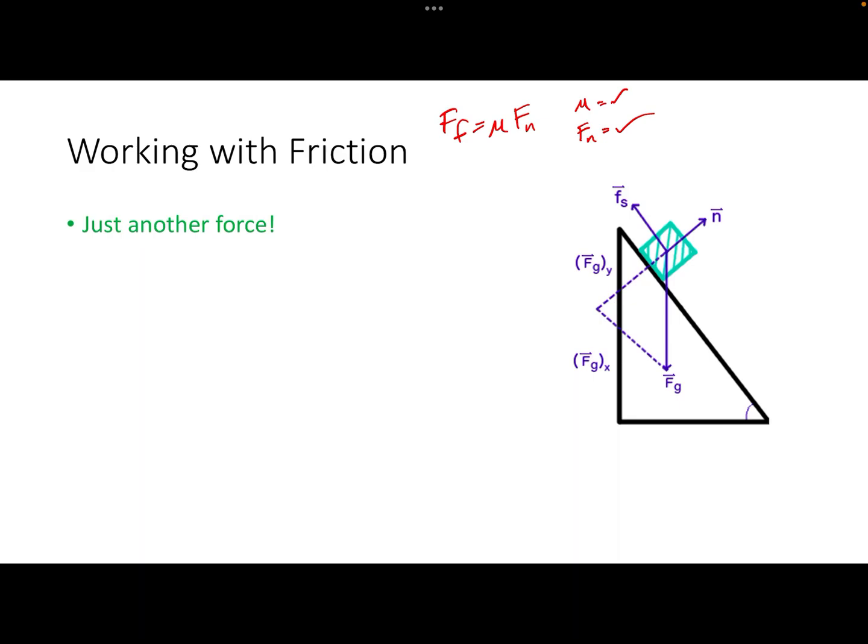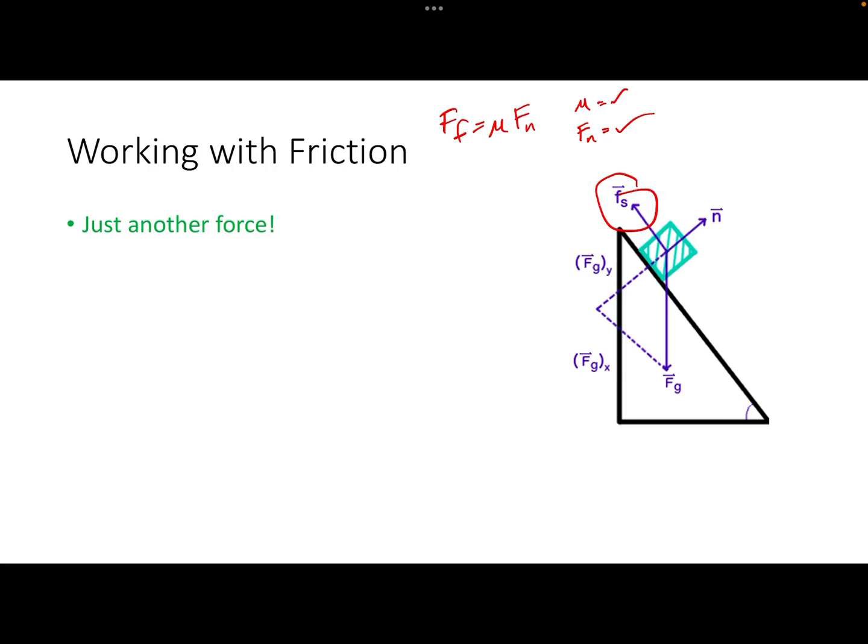We're just going to imagine that the force of friction is just a force. In the absence of knowing anything about mu and the normal force, we can calculate it the same way that we calculated it in the friction investigation in the model of friction activity, which is to use Newton's second law.